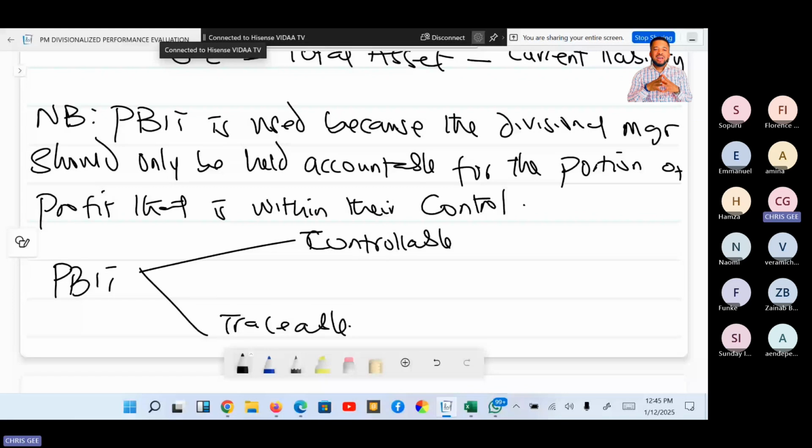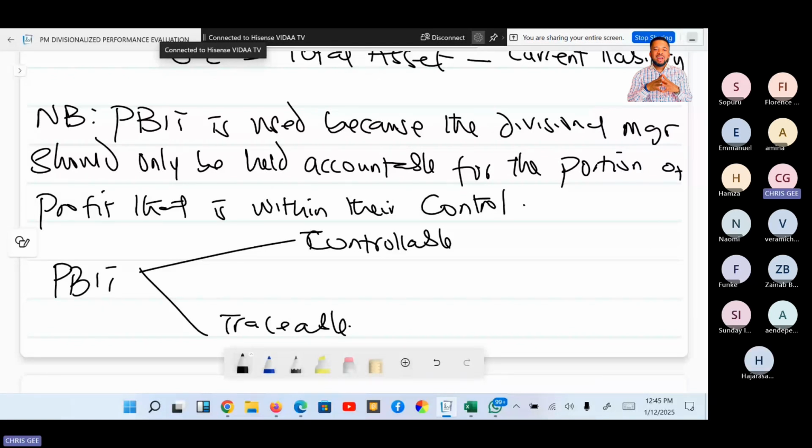Will you enjoy it? Only you that will enjoy it. So also, if you have a particular expense that is coming solely for Enugu, they charge it to you. So in the case of Lagos, because Lagos is different, it's not central. It's not the entire country that they are looking at, they are just looking at your own division, and they are saying this is a divisional tax charged to you.